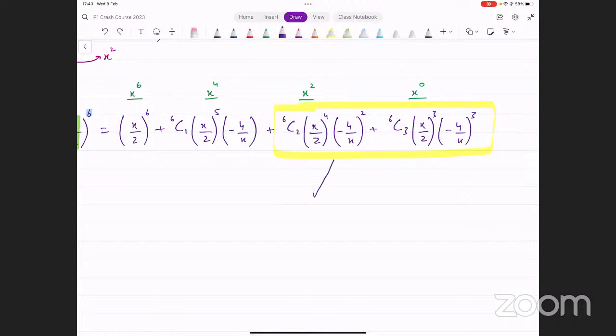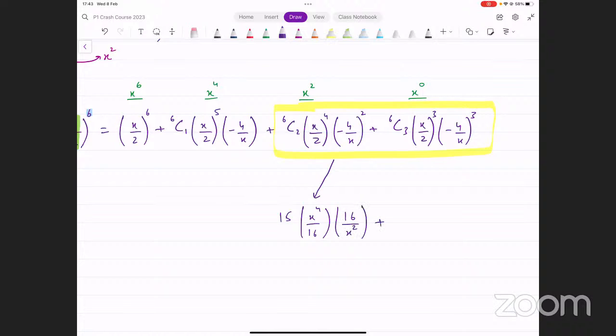What does this give us? 6C2 is 15 into x over 2 whole raised to power 4. That's x raised to power 4 over 16 into minus 4 over x whole raised to power 2. That is 16 over x squared.